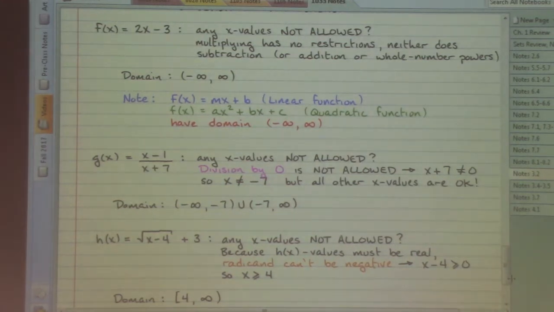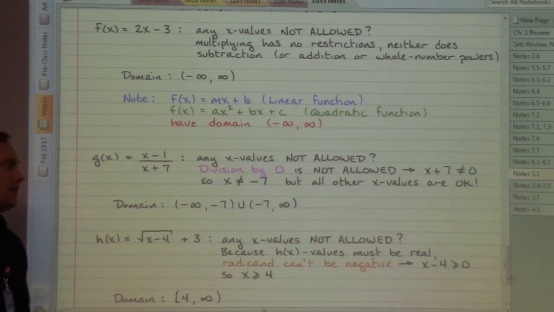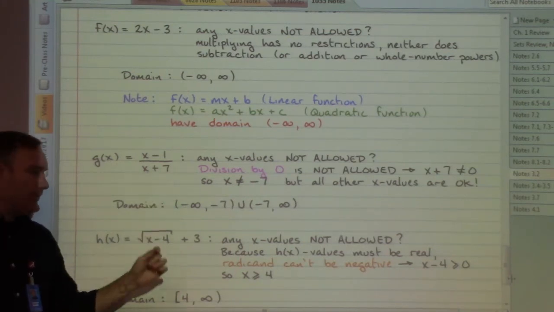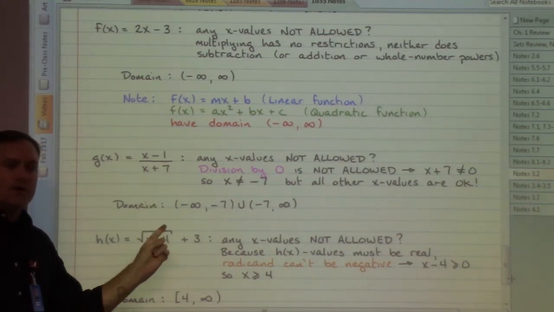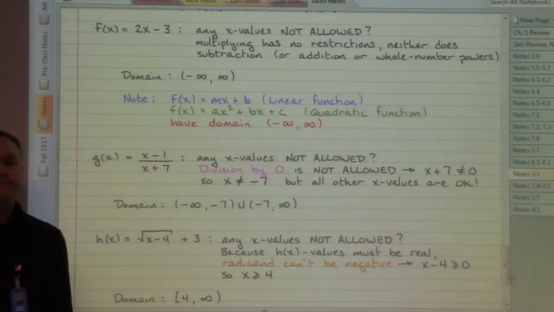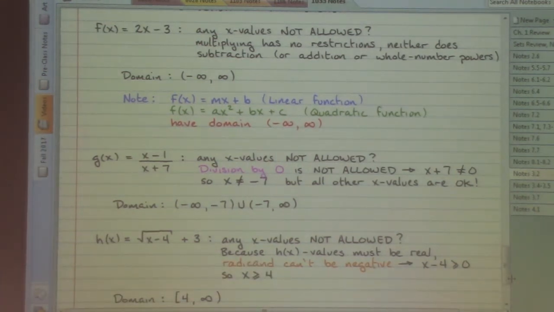What numbers are we allowed to plug into a function? Is there anything that we would have to worry about based on what we've been given? Any sorts of restrictions, like we're not allowed to divide by 0. The numbers underneath of even roots can't be negative. If we have any sort of restrictions like that, then those could have an impact on the domain.